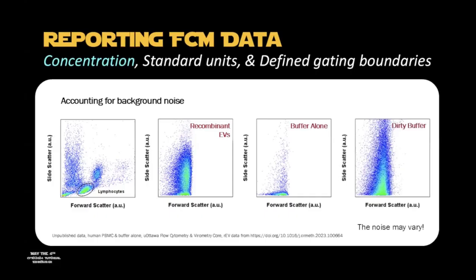Something that adds even more complication is the fact that buffer alone and dirty buffer can have a lot more events. So you're depending on what is in your buffer, not necessarily dirty. So if you've added proteins, if you've added any other particles in there for stabilization, etc., those particles will all contribute, and they're all in that overlapping space of where you expect to see your EVs.